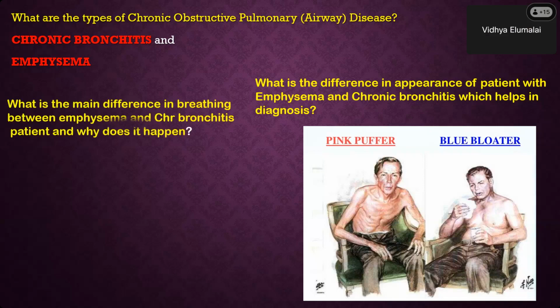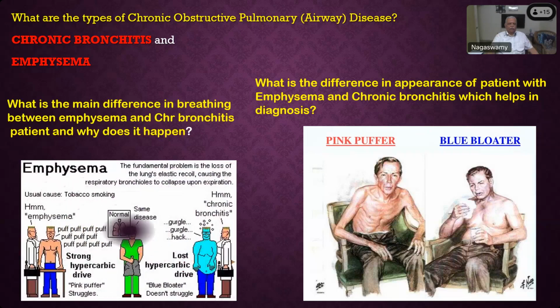Correct. So what is the main difference in the breathing between emphysema and chronic bronchitis, and why does it happen? The reason is the emphysema patients, they have puff, puff, puff. This looks like a cartoon, but it may help you to remember the reason for that. Strong hypercarbic drive. So the pink puffer struggles always. Whereas these patients are in type 2 failure.